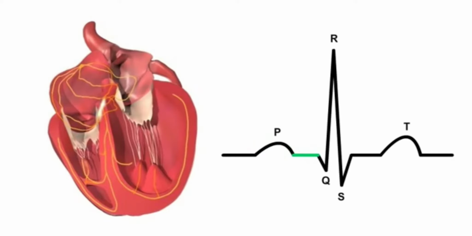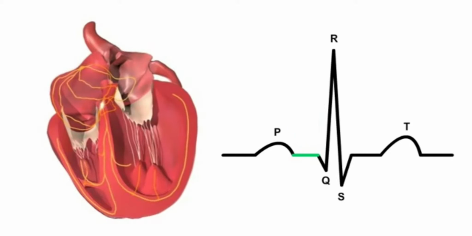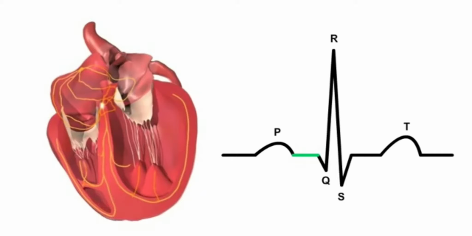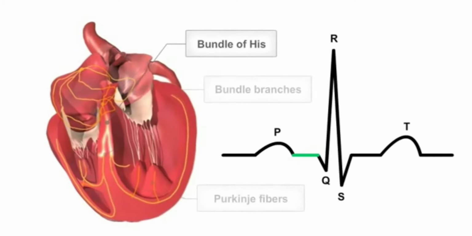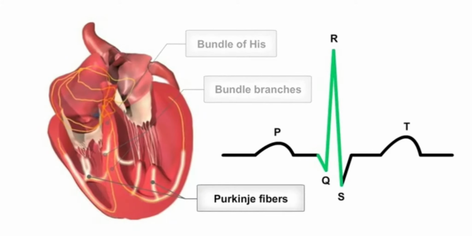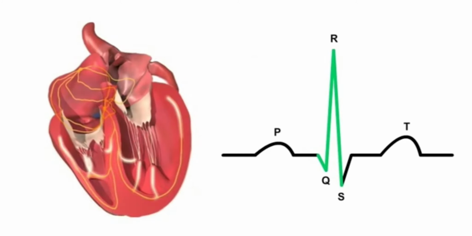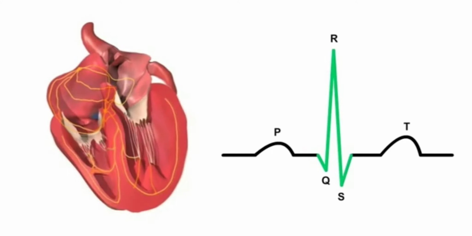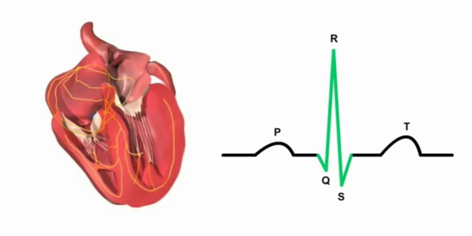So during that time the electrical impulses will travel to the AV node. So this is represented as PR segment, and the AV node captures the electrical impulses, and these electrical impulses will travel through the bundle of His, bundle branches and Purkinje fibers, causing the ventricular contraction, which is denoted by the QRS complex in the ECG.